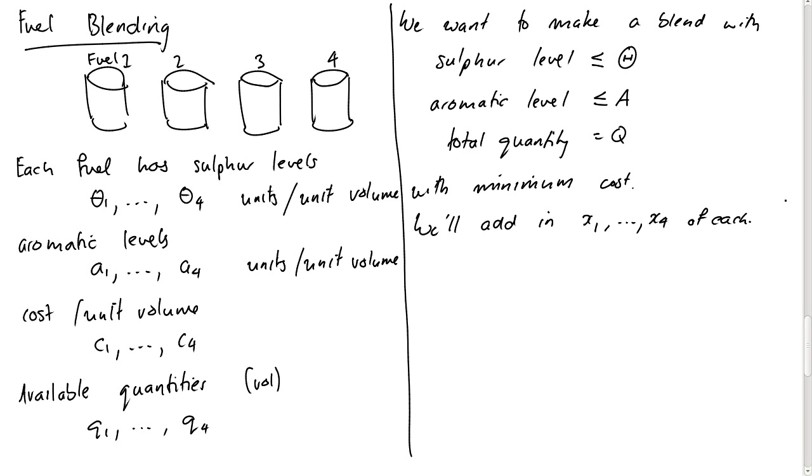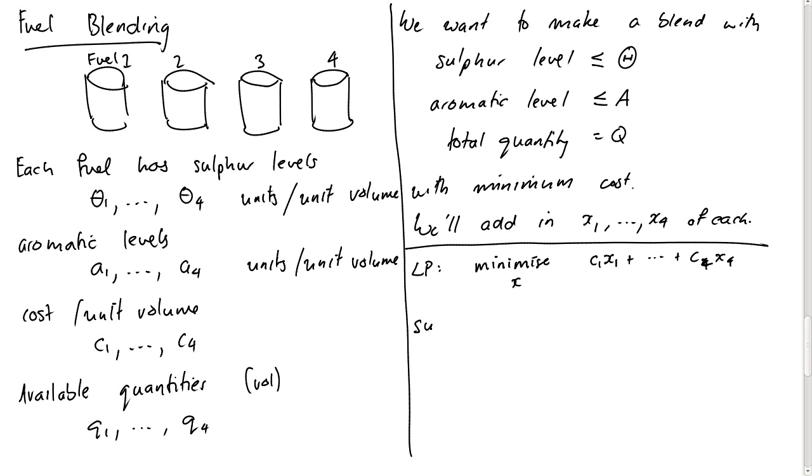So can we write this as a linear program? Well, first we want to minimize our cost. So we're looking at a minimization problem. So minimize over x C1x1 plus C2x2 all the way up to C4x4. That's my total cost. And my constraints?